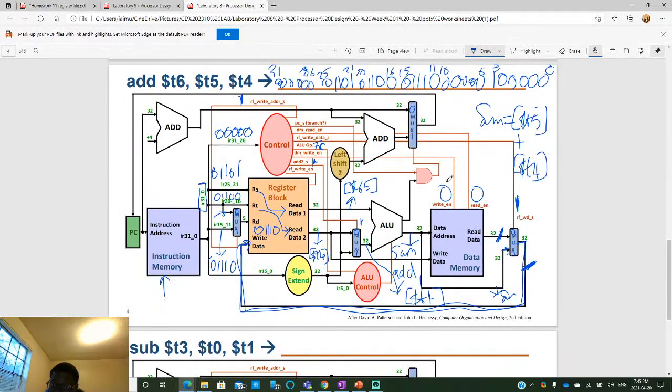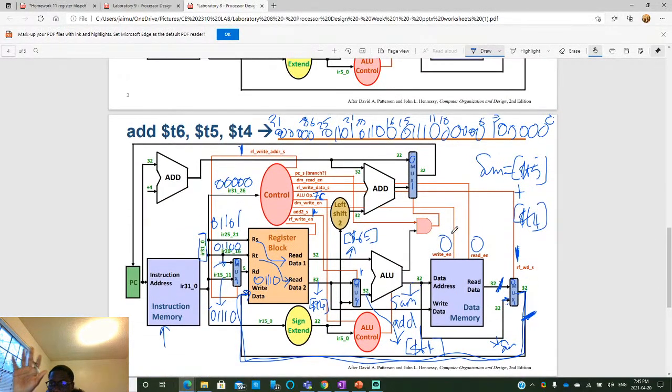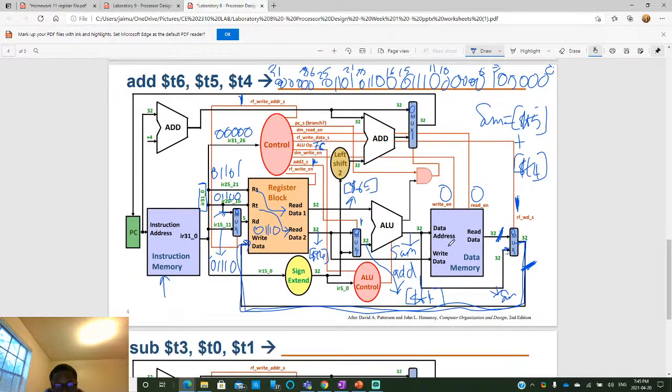I hope everything is making sense. Okay, so we are done with this, and processor design was a quick rundown, but that's all we have.